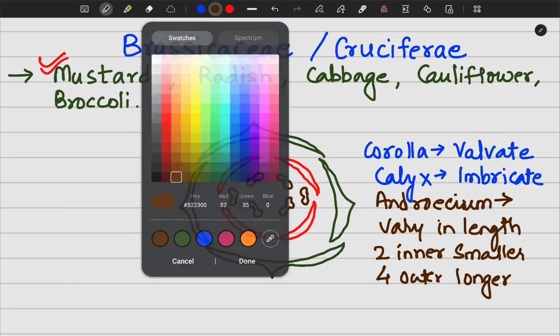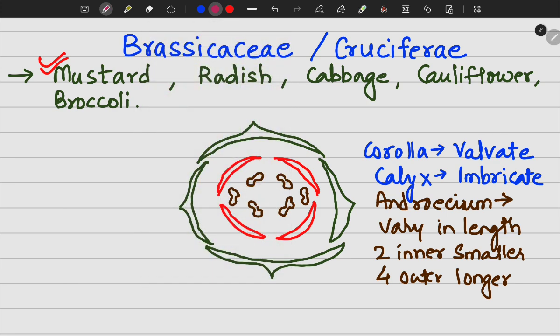And then we will draw the gynoecium. We also see that in the mustard flower, the two carpels are fused. So it is bicarpellary syncarpous, right?